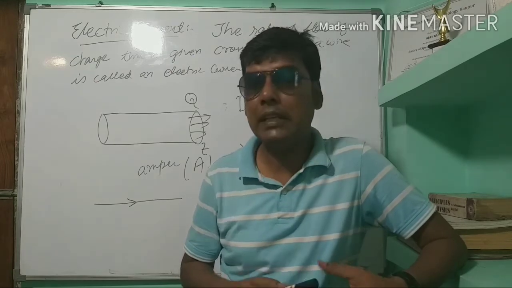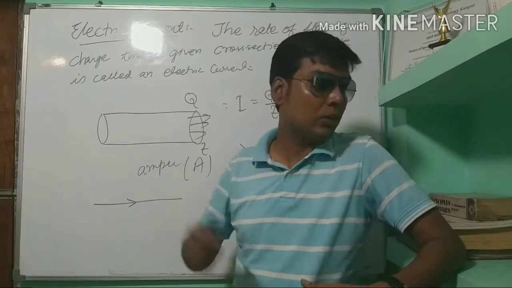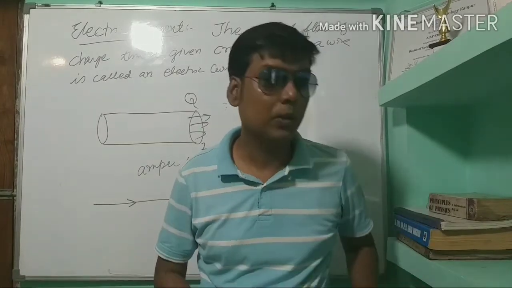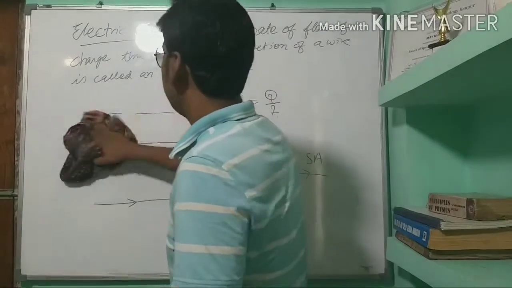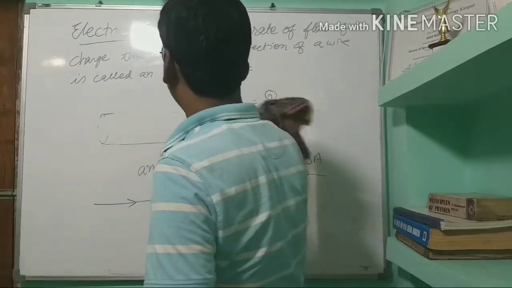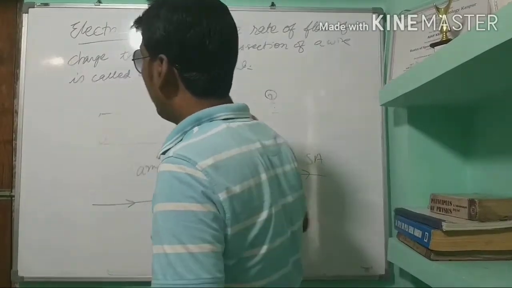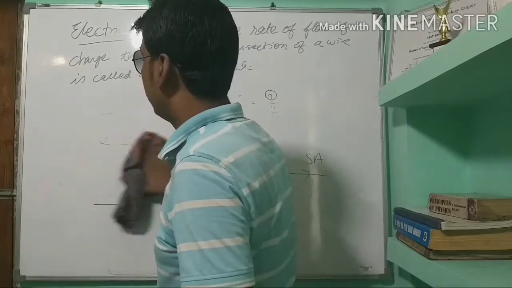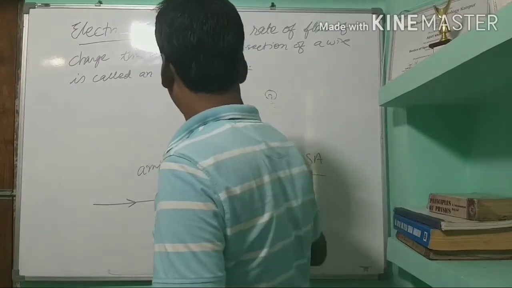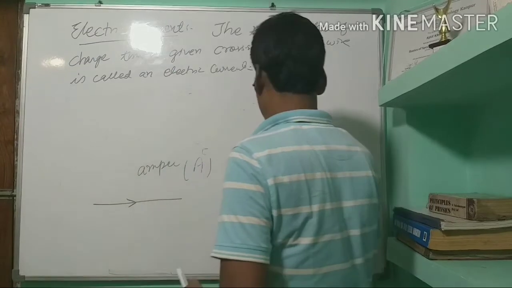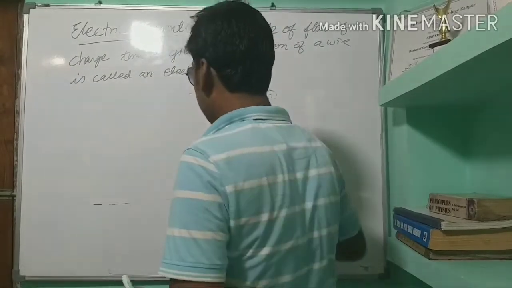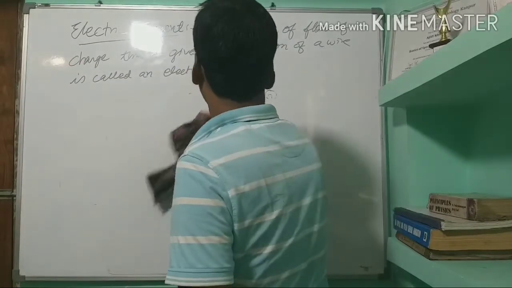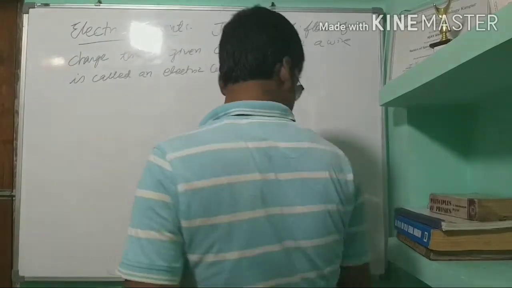So finally, the conclusion. What have we discussed? We discussed electric current. So electric current is flow of electrons, but the direction of flow of electrons is opposite to the direction of the electric current. So the rate of flow of electric charge is electric current.